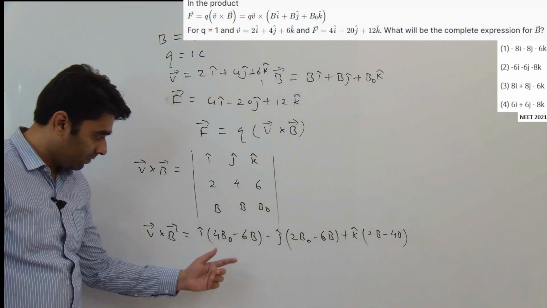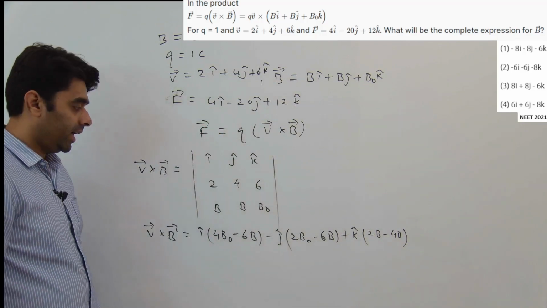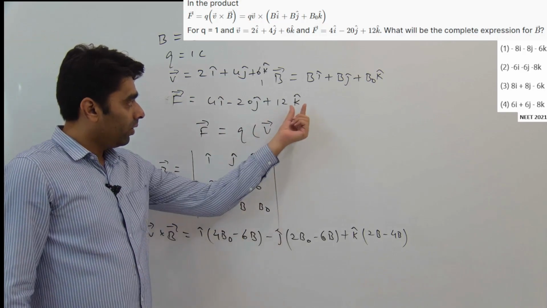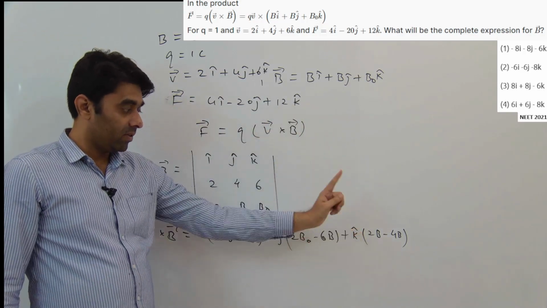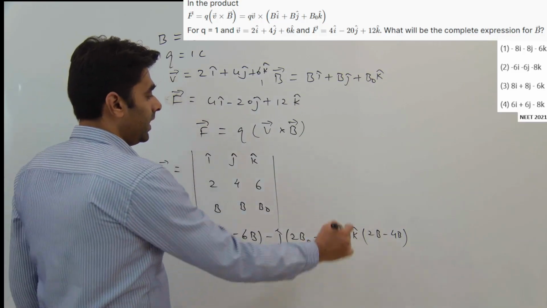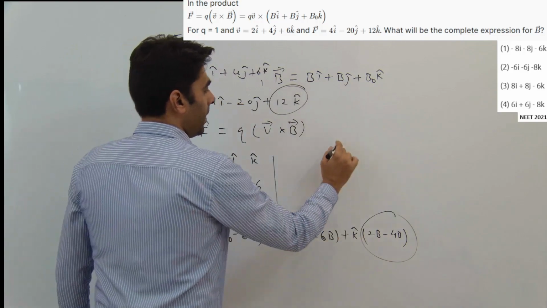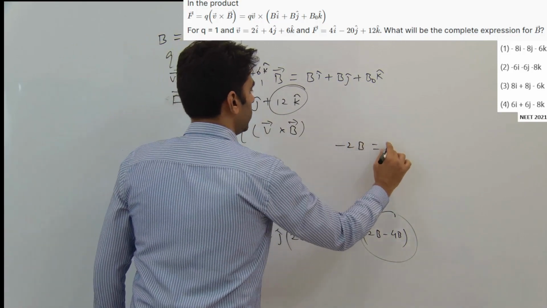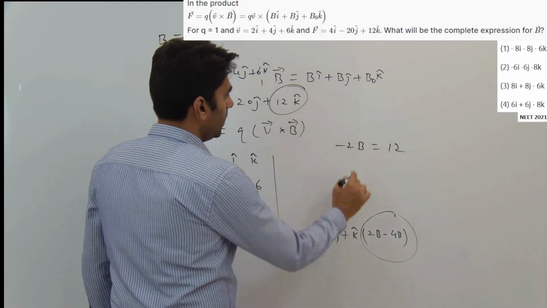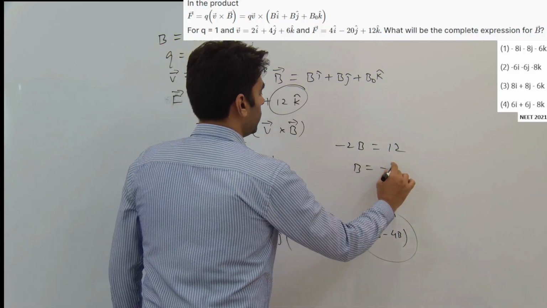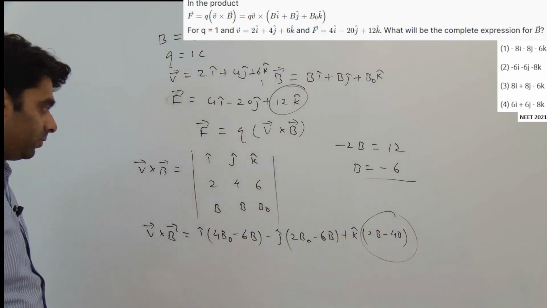Now we can further simplify it, or directly we can compare the coefficients. If we directly compare, what is the coefficient of k cap? 12. Over there coefficient of k cap is minus 2b. So minus 2b is equal to 12. That implies b value comes out to be minus 6.